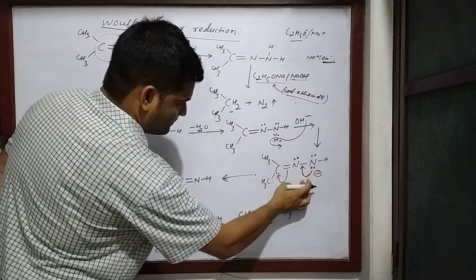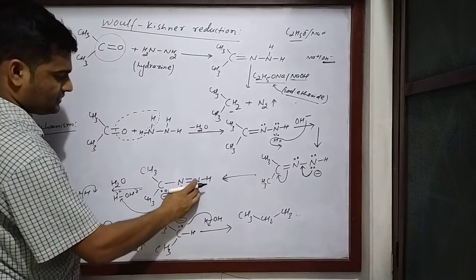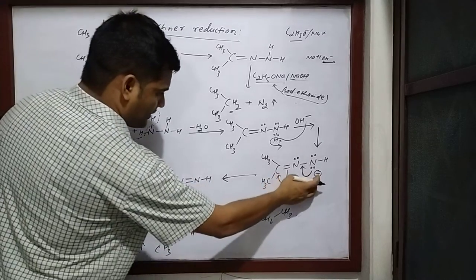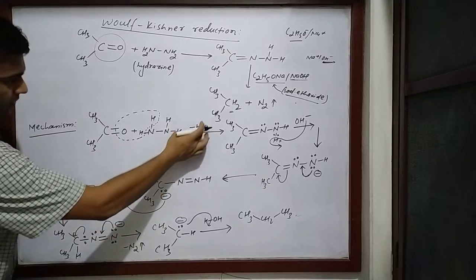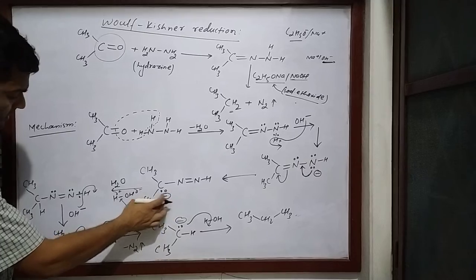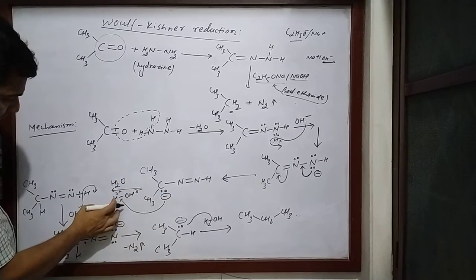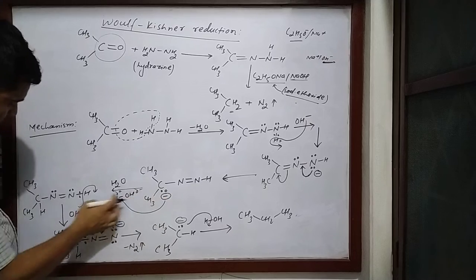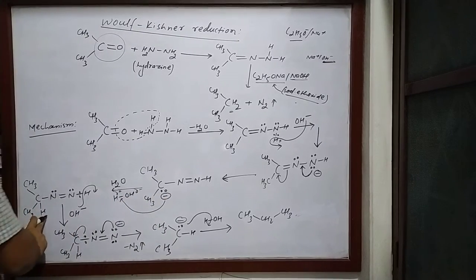When this lone pair shifts towards the nitrogen to give the double bond, the negative charge finally shifts to the carbon, and water is the byproduct. When the carbon develops a negative charge, a carbanion, it withdraws H+ from the water molecule, so a hydrogen is added to the carbon.